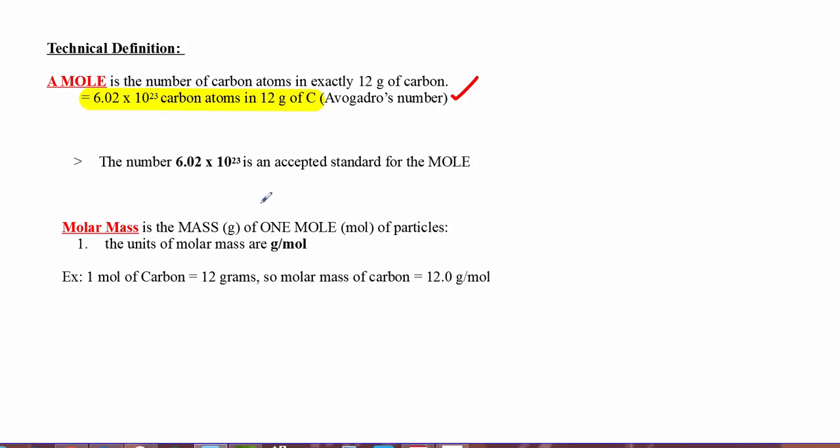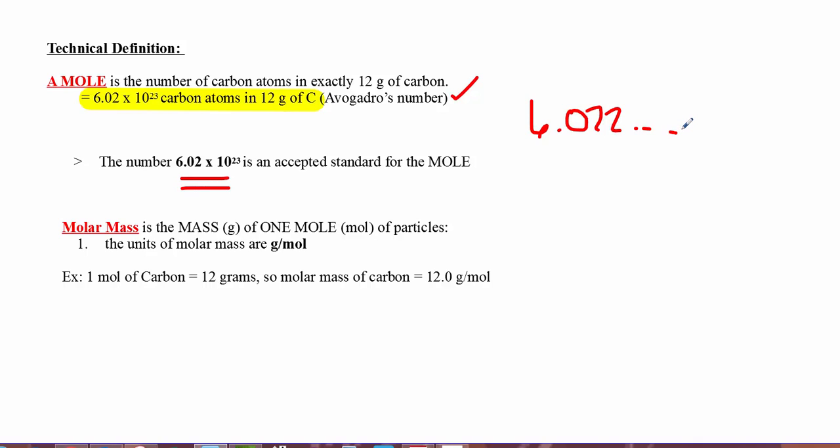So this is a number that we want to commit to memory as we carry on in this course. You'll be given this number on your assignments and on your quizzes to help remind you, but you do want to know this number. This is one of the conversion factors in chemistry that we want to know really, really well. It is an experimentally determined number. It's actually a larger number than this, 6.022, and it carries on.